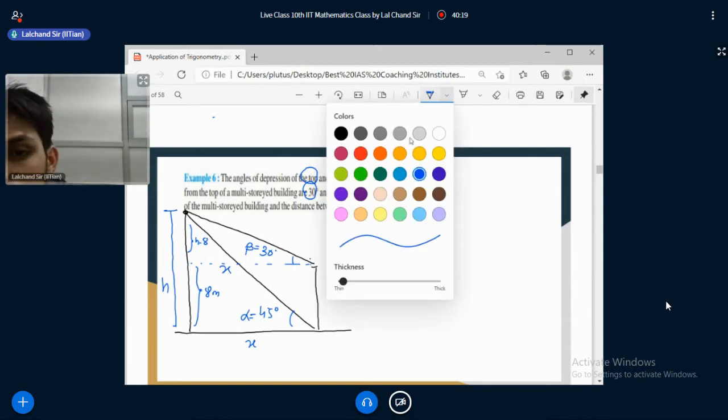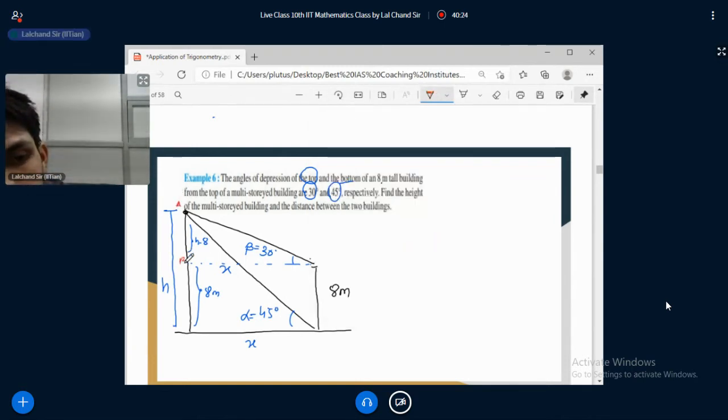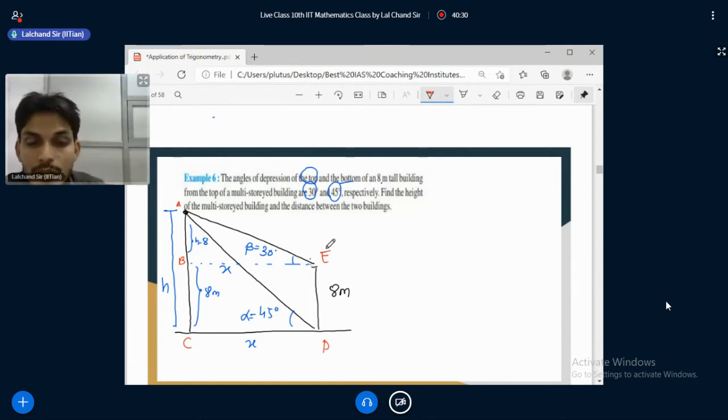So this point is A, B, C, D, and this point is E. Okay. So this diagram is clear to you, Krishna? Is there any doubt in this diagram? Okay.